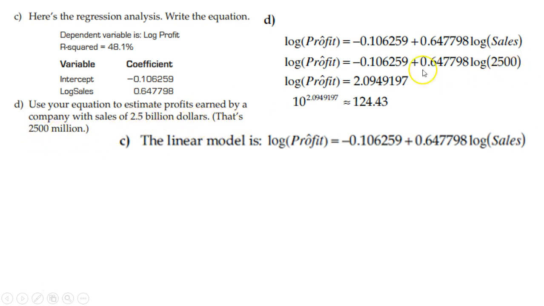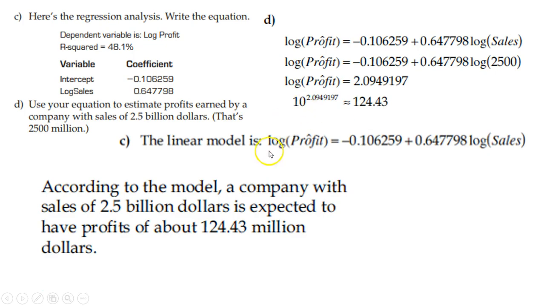So I plugged that in instead because that's what it asked for. I got this, but remember to get rid of that, it's 10 to the power, and I get 124.43. That is roughly what I get for D, and it says according to the model, a company with sales of about $2.5 billion is expected to have profits of nearly $124.43 million.